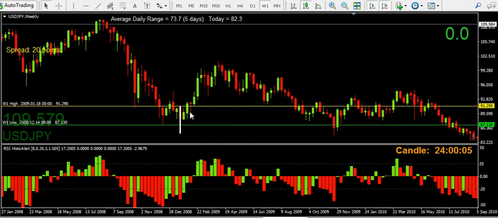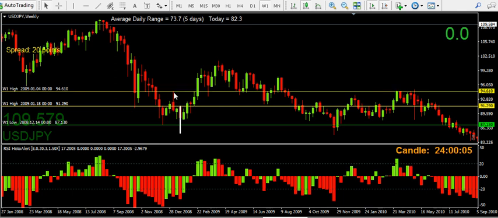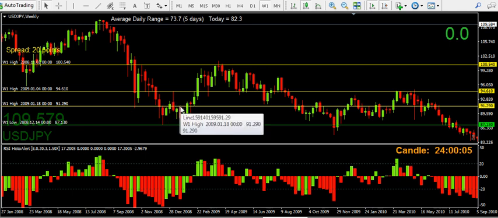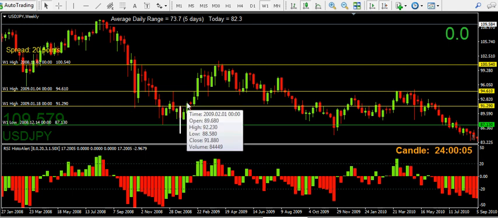There's the good old pullback again, and then first take profit is here, and move your stop to break even or whatever you want to do. And then second take profit is the high of swing 1, which is up here. Swing 1, swing 2, swing 3, break of the poke or trigger bar. I suppose that's the trigger bar and that's the poke bar, thinking about it, isn't it?